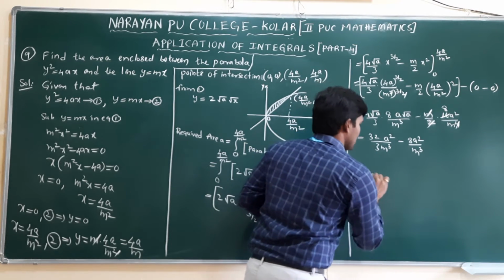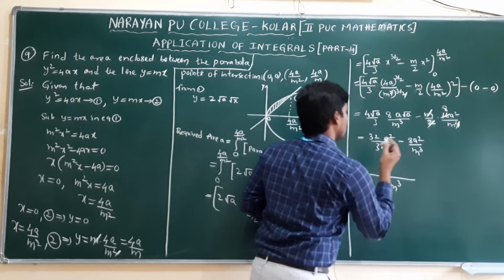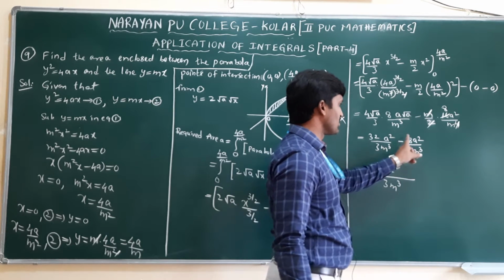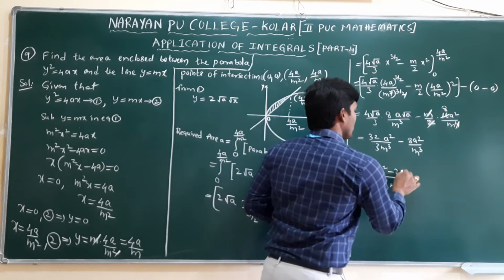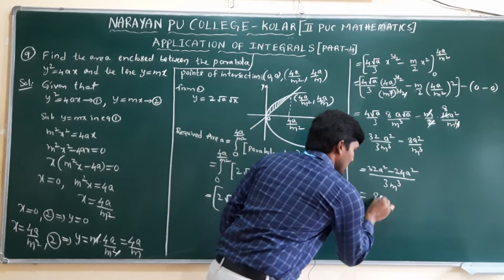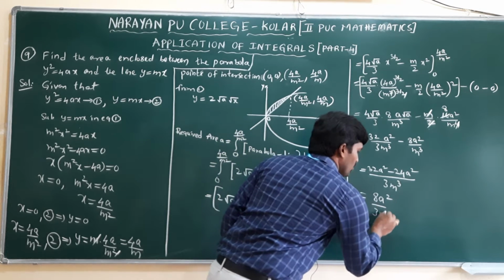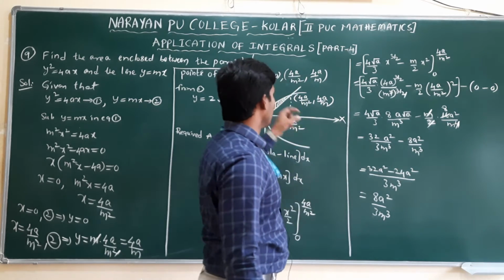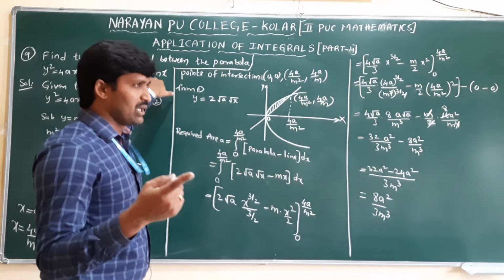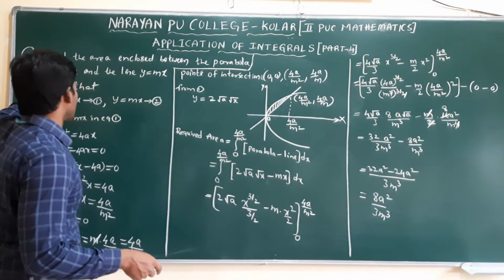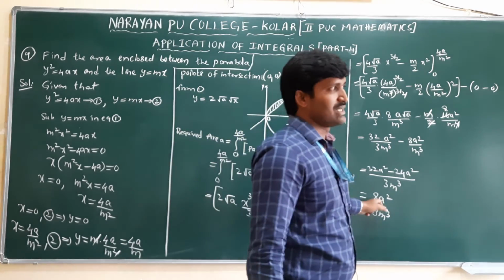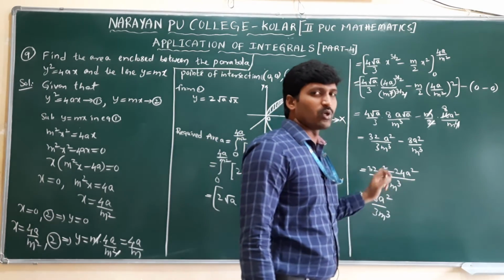Now 3m cube is the LCM, 32a square, m cube is already there, which is not there, 3 times will multiply, 3 8s are 24a square, 32 minus 24, that is 8a square by 3m cube, is the area between the given standard parabola and standard line. This formula is useful for competitive exams also. Whenever the parabola is given in y square equal to 4ax form and the line is y equal to mx, then the area formula is 8a square by 3m cube.